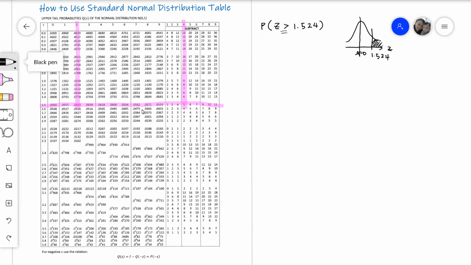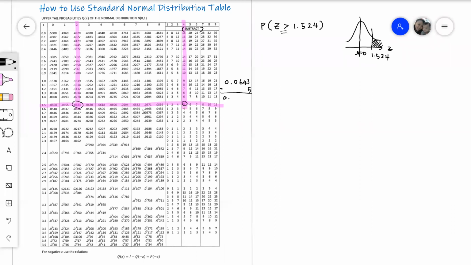We want to combine this value with the value over here. How to combine? You see the word subtract here, which means we have to subtract from the one that we circled. So we will have 0.0643, and when we subtract, it has to be written on the most right of our number.